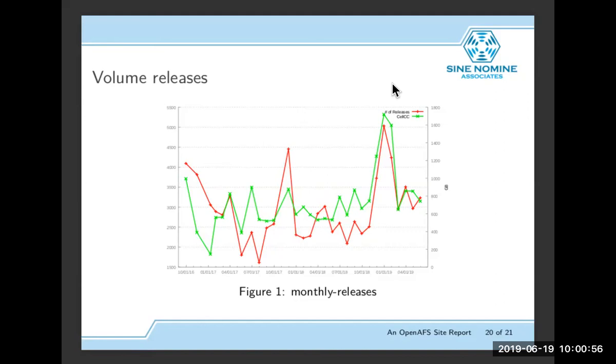Do we know what makes the spike? No, I don't know. I think probably when projects are rolled out, or when new software is released. And is the data the amount of data or the transfer? This is the amount of data, I believe.